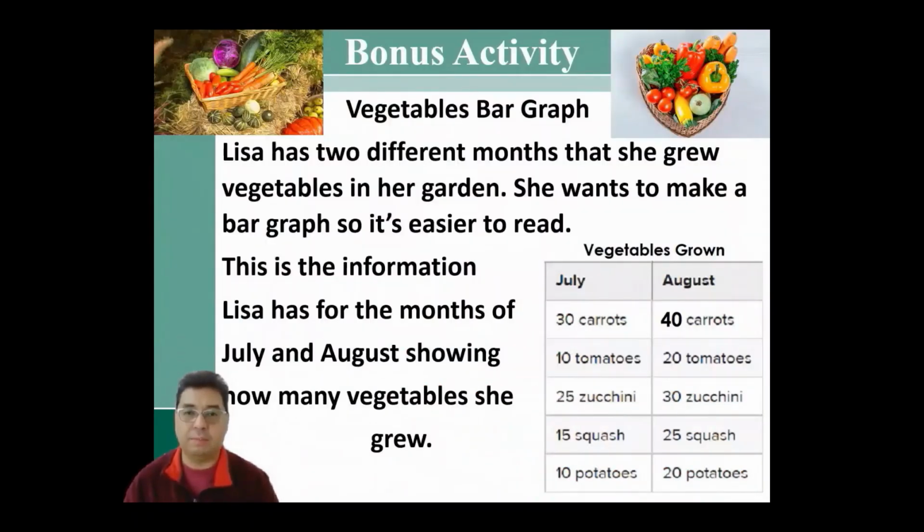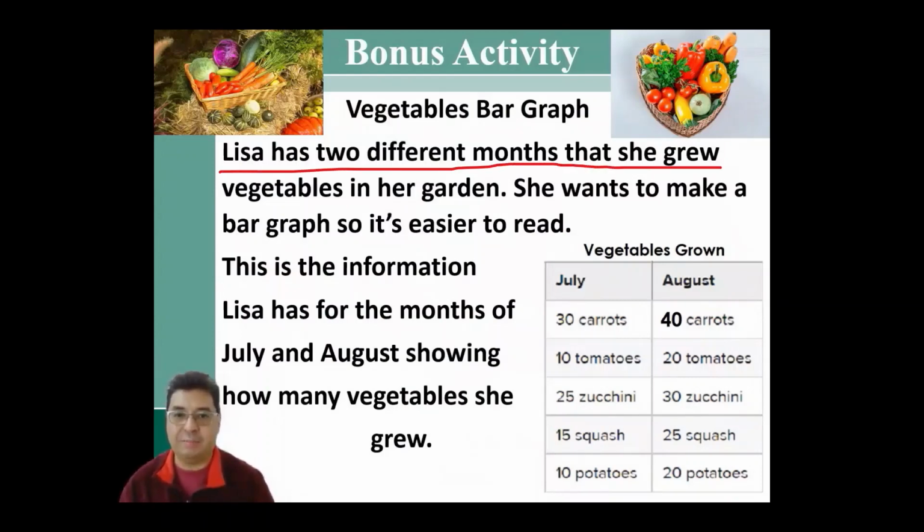So this is the bonus activity, and we're going to be doing a vegetables bar graph. Since I said we're talking about health, we talked about stairs and exercising, so I thought vegetables would be a good one to kind of stay with the health topic that I talked about here. So let's go ahead and read a little bit about this background. It says, Lisa has 2 different months that she grew vegetables in her garden. She wants to make a bar graph so it's easier to read.